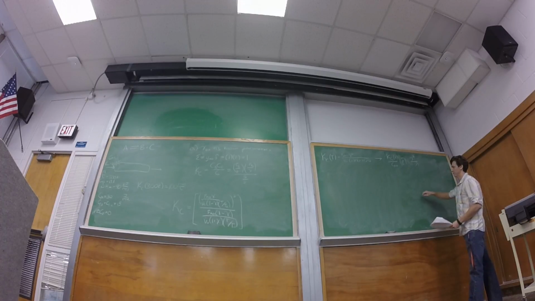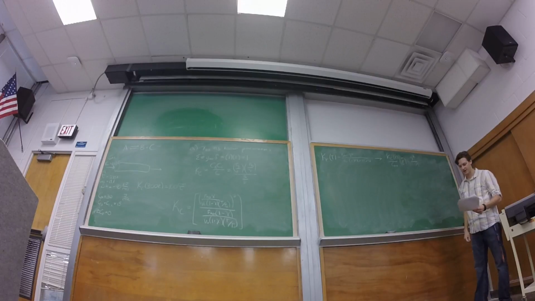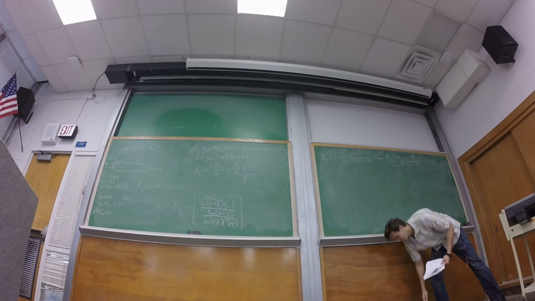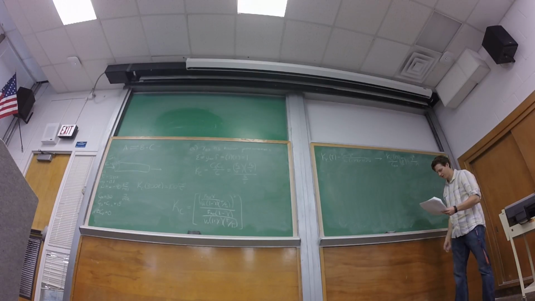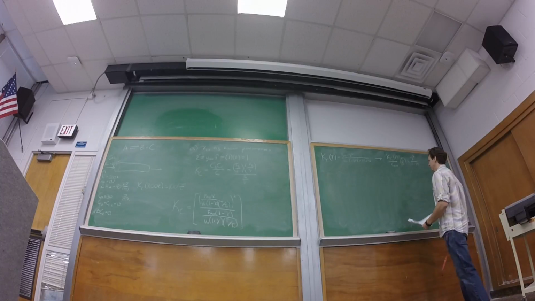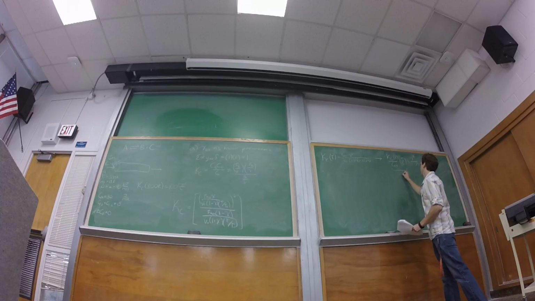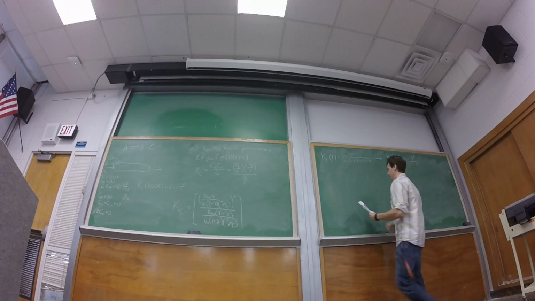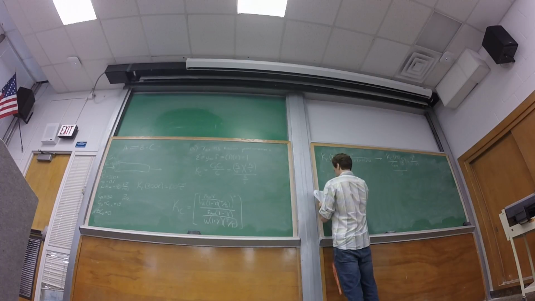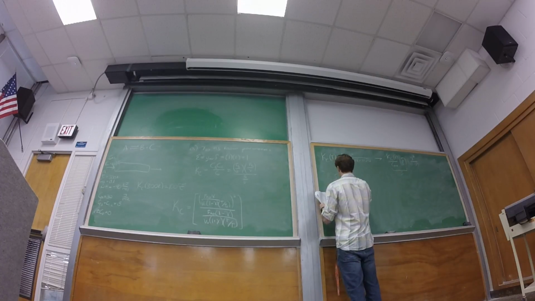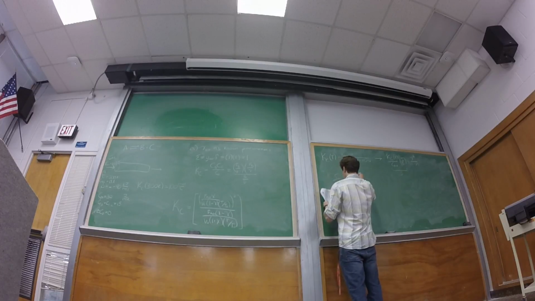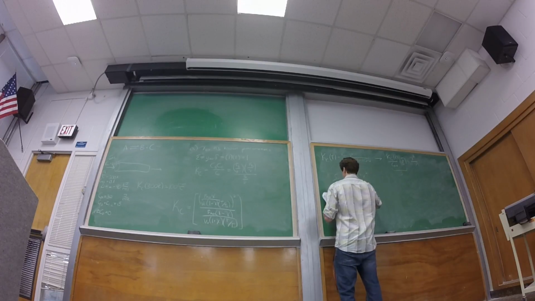From here, you can either plug this into your calculator, solve for x, or you can use quadratic formula. So if you let this be s, then what you'll get is s minus x, that's x squared, equals x squared.